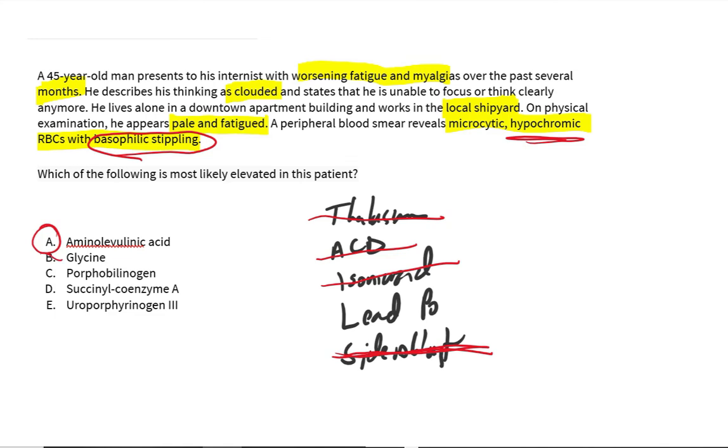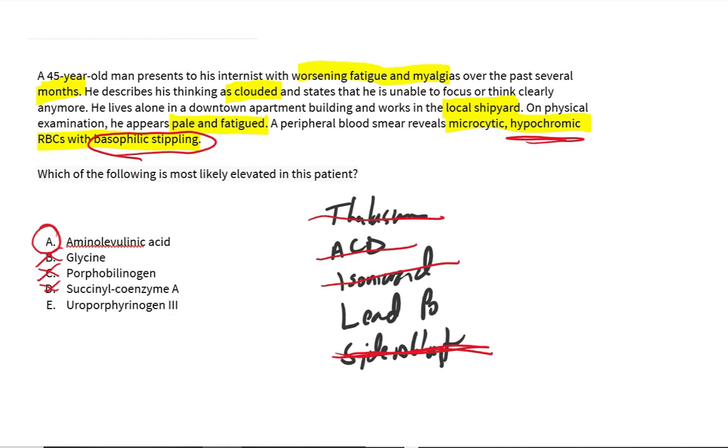B is incorrect because if anything, glycine would be normal, because glycine is upstream of any of the enzymes which could possibly be inhibited. Porphobilinogen, no, that would be decreased because lead inhibits the conversion of ALA to porphobilinogen. Succinyl-CoA, no, because succinyl-CoA is upstream of any of the enzymes that are going to be inhibited by lead poisoning.